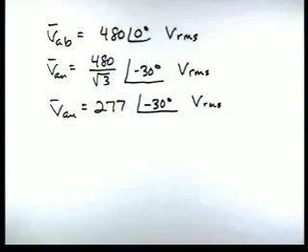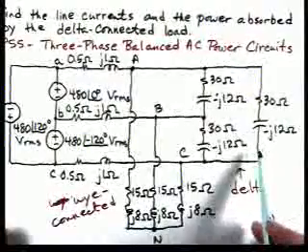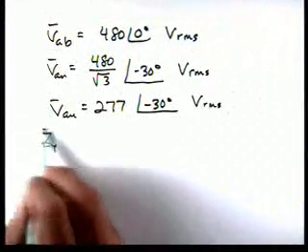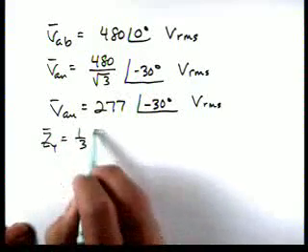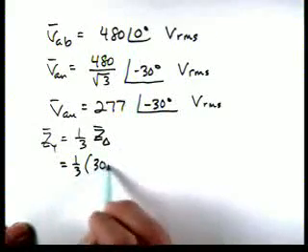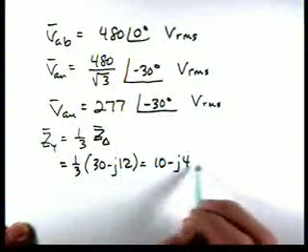Then we need to convert this load to a Y. The way we'll do that is ZY is equal to 1/3 Z delta. So we have 1/3 times 30 minus J12, which is 10 minus J4.